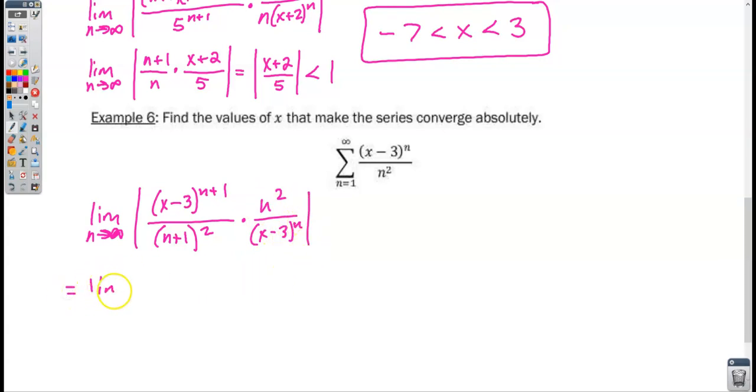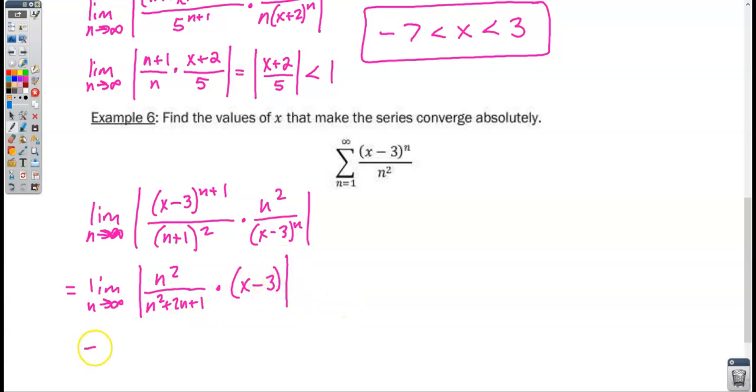And so this turns into the limit as n goes to infinity of n squared over n squared plus 2n plus 1 times the quantity x minus 3.